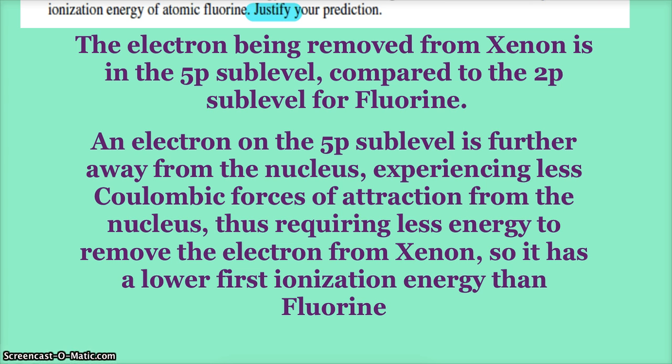So if you said 5th level, 2nd level, that would be okay. 5p sublevel, 2p sublevel, a little more accurate. But obviously, the electron being further from the nucleus experiences less Coulombic forces of attraction. So it would require less energy to remove that electron from xenon. Therefore, you would expect a lower first ionization energy than fluorine.